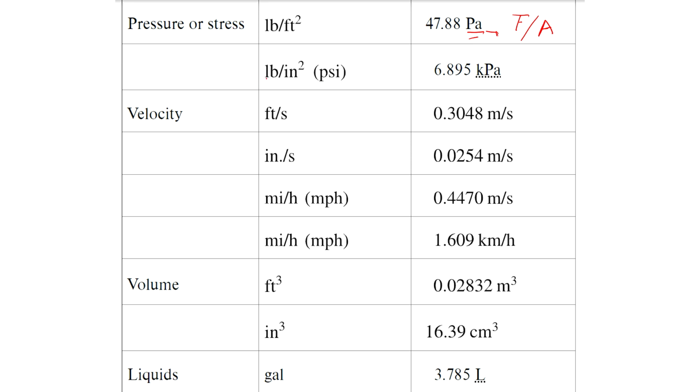You can also have pounds, so this is called PSI, pressure, pounds per square inch. Velocity, we talked about this already, is length over time, miles per hour, meters per second. Volume is cubic length, so cubic meter, cubic inches. And for gallons, there's liters and gallons.